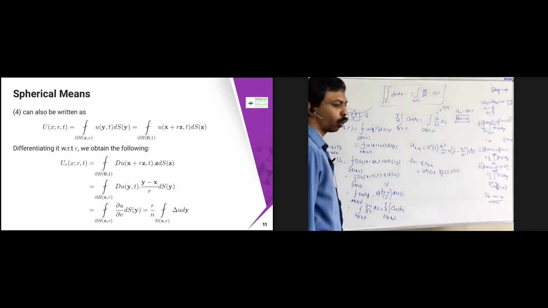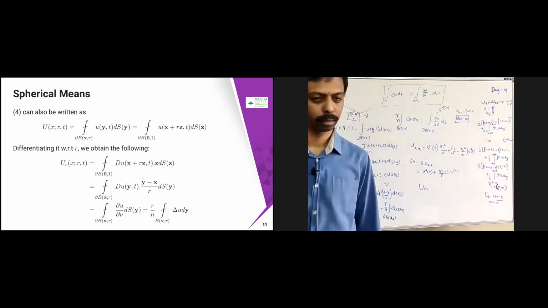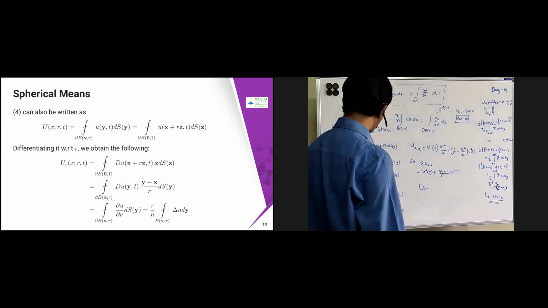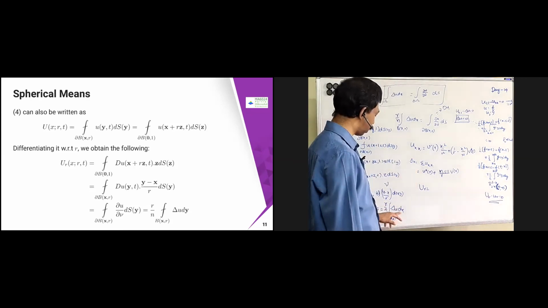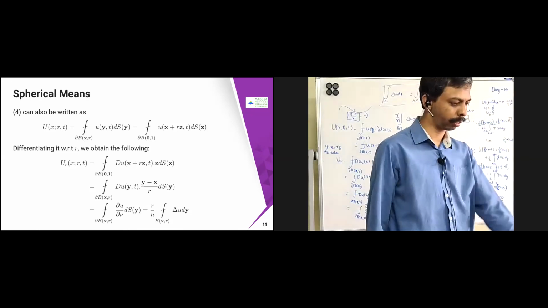You found only u r now. So u r is going to be r by n, dou B of x, r, del u dx. Del u dy or del u dx, you call it as.